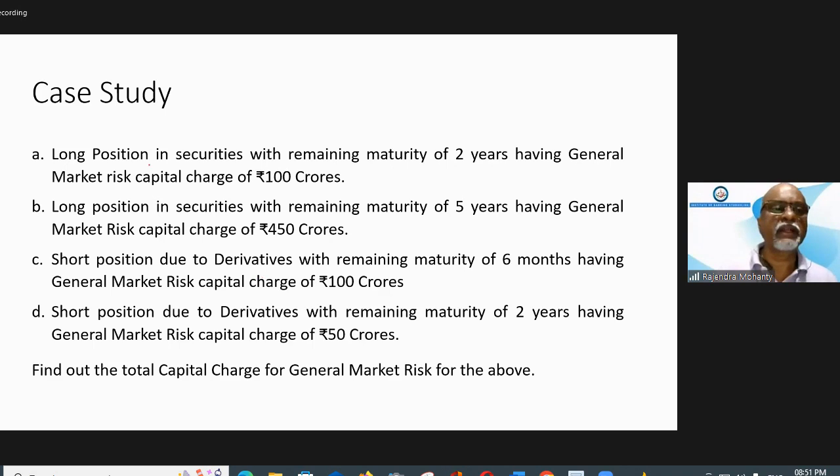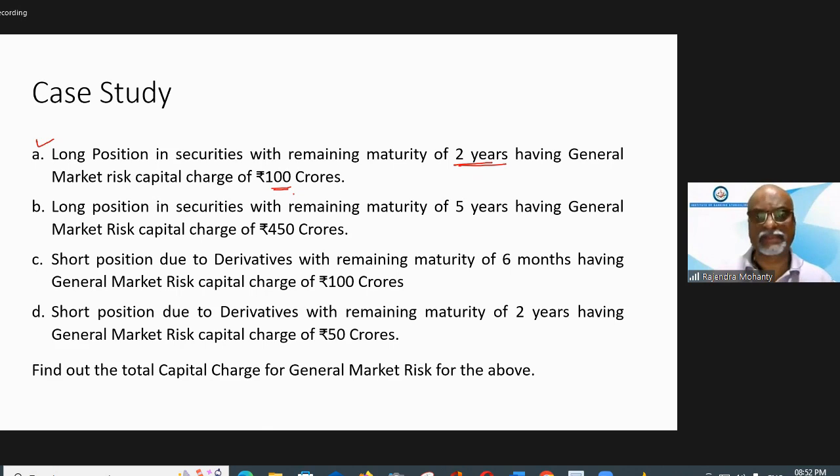Here there are 4 things we can see. One is a long position in securities with remaining maturity of 2 years, having a general market risk capital charge of 100 crore. You have calculated this capital, but apart from that, some additional capital has to be calculated by adjustment of horizontal and vertical disallowance.